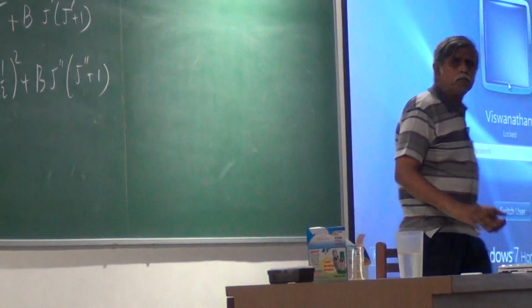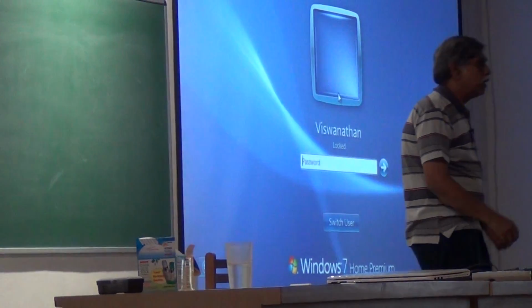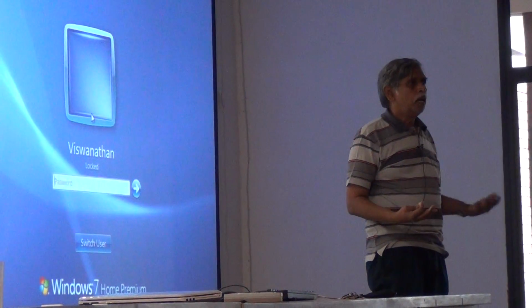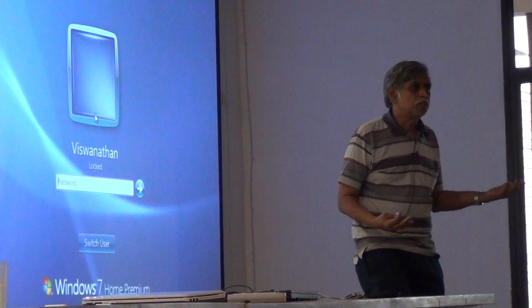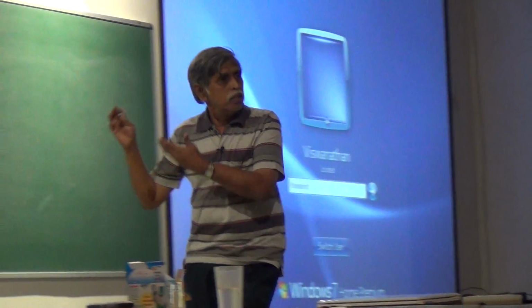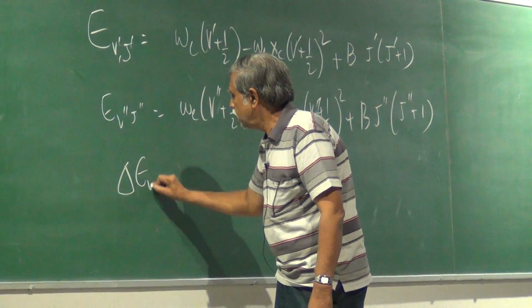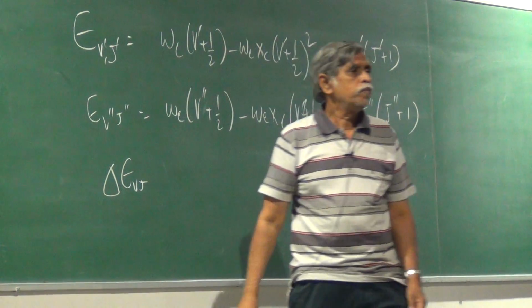All I'm doing is, in the ladder of states I wrote for you, I'm just writing out the energy equation corresponding to the lower state and the energy equation corresponding to the upper state. What's going to be the frequency of the transition I'm going to see? It's going to be the difference of these two.